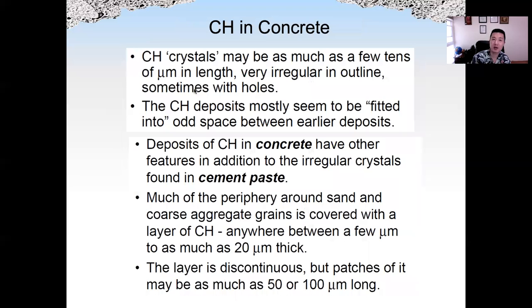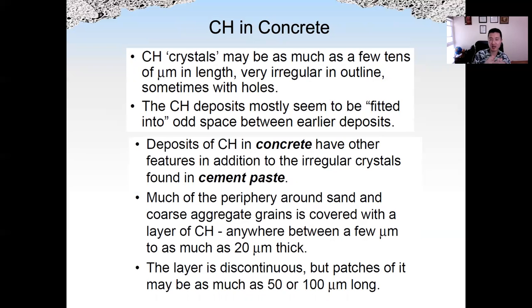So let's look at calcium hydroxide. They are much larger compared with CSH, a few tens of micrometers in length, sometimes at the millimeter level. Okay. Outside, it is very irregular. They may have some holes in calcium hydroxide. Calcium hydroxide deposits in empty space, actually.